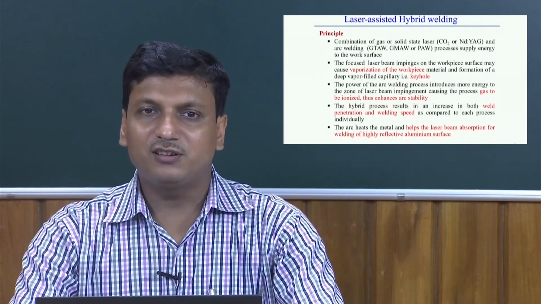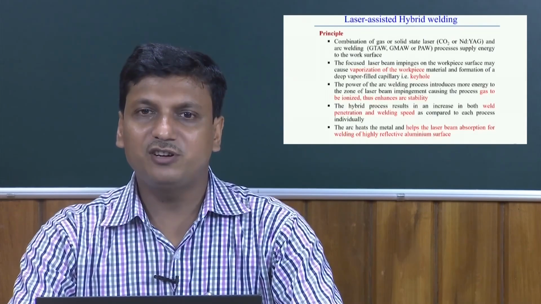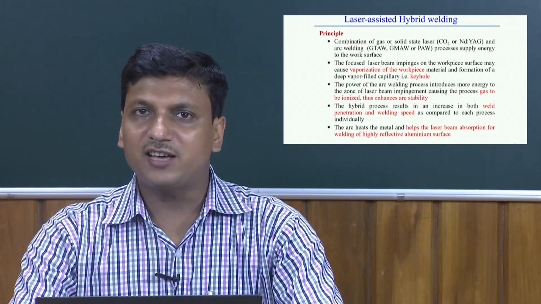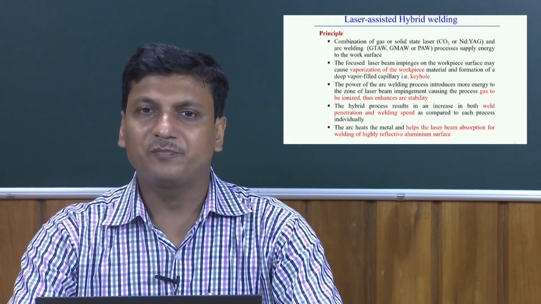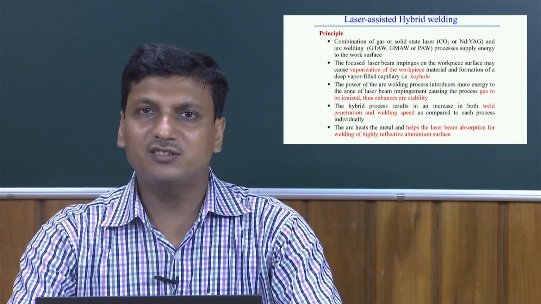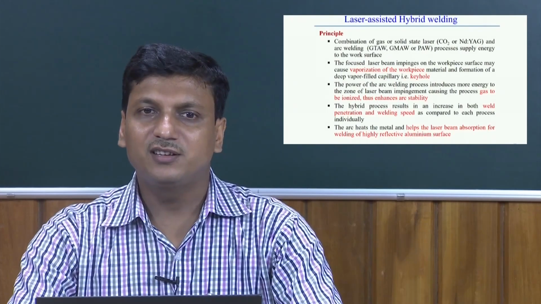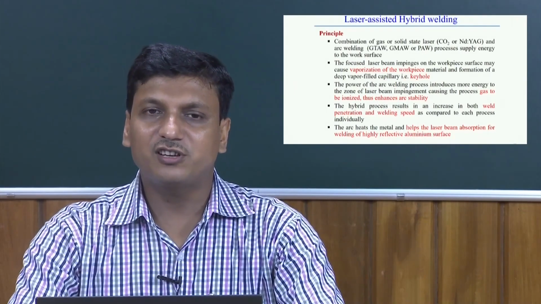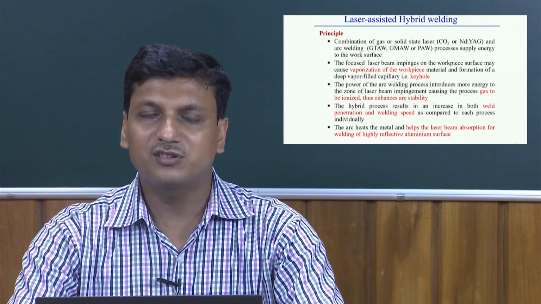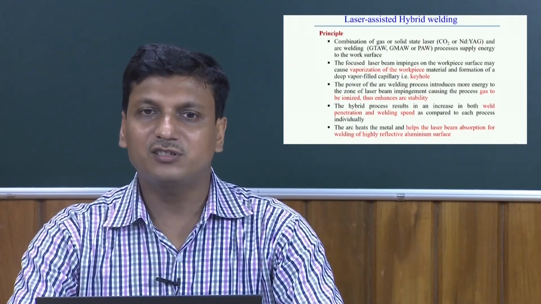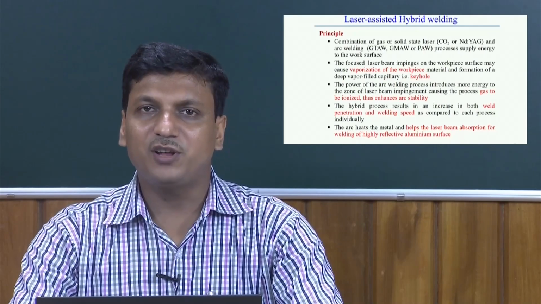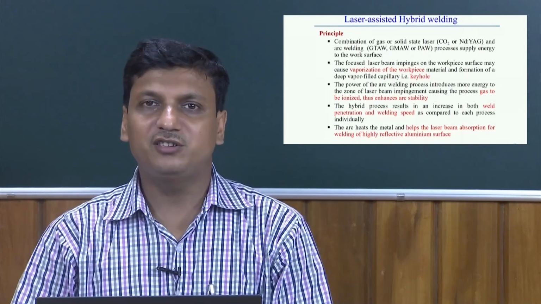In principle, in laser assisted hybrid welding, a combination of gas or solid state lasers, mostly CO2 laser, Nd:YAG laser, or nowadays fiber laser, can be joined with arc welding processes like gas tungsten arc welding, gas metal arc welding, and plasma arc welding, which supply the secondary energy source.